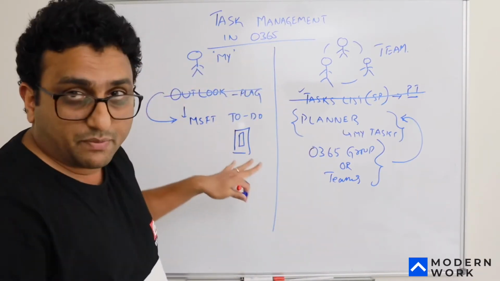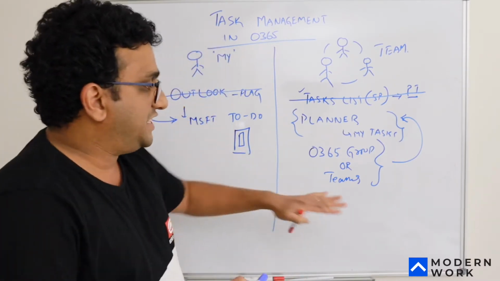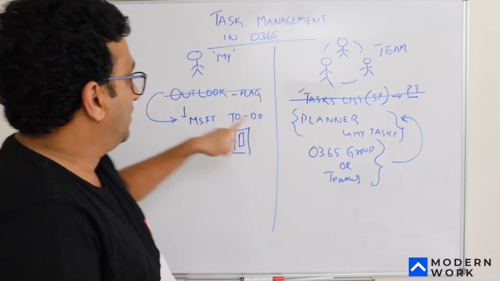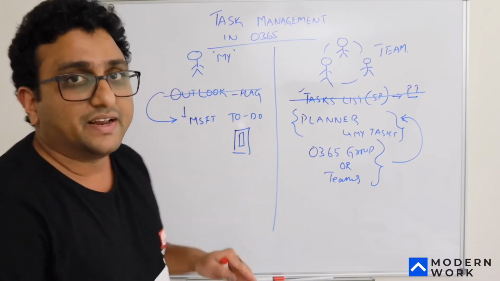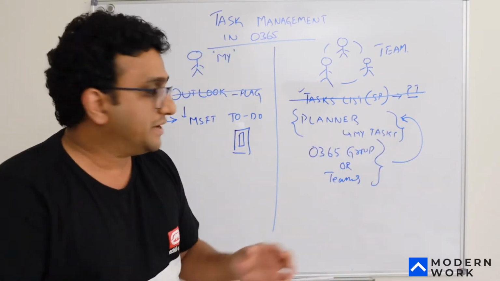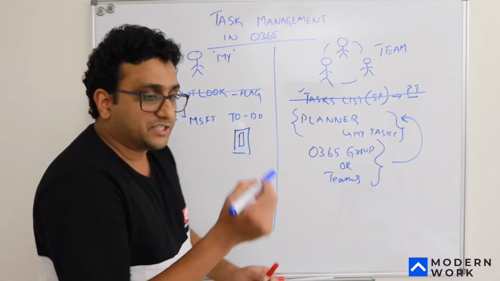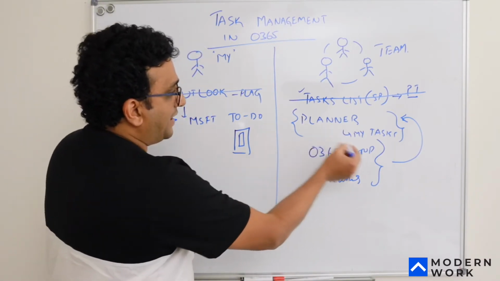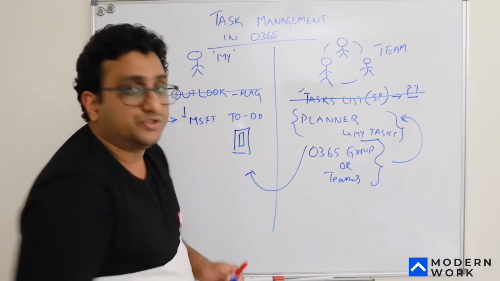So from a personal point of view, if there are only two things you want to learn from this video, it is: for team tasks, use Planner. For your own personal tasks, use To Do. All right, I hope that solves the confusion a bit. But just keep in mind, Microsoft is talking about bringing the Planner roll-up view into To Do as well.